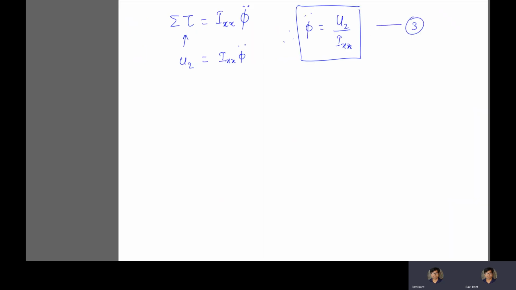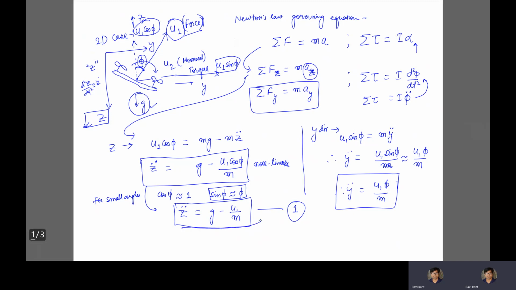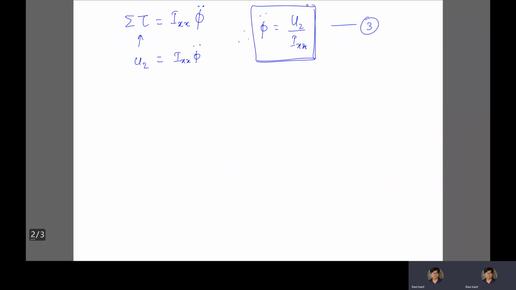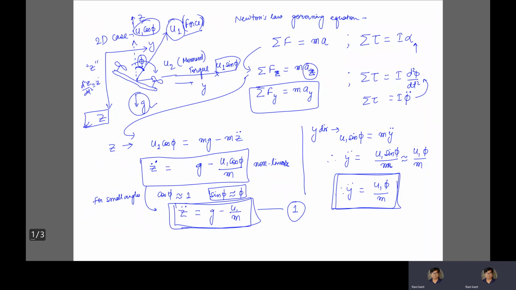So now we have three equations in hand. This one, and this one. Notice that things are coupled in nature. These three ordinary differential equations, because these are not partial, differentiated with respect to time, are actually coupled in nature.